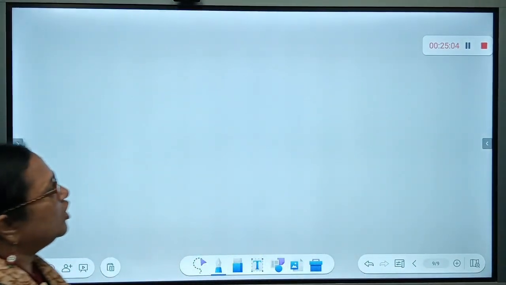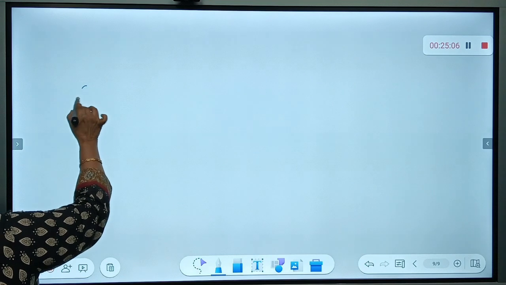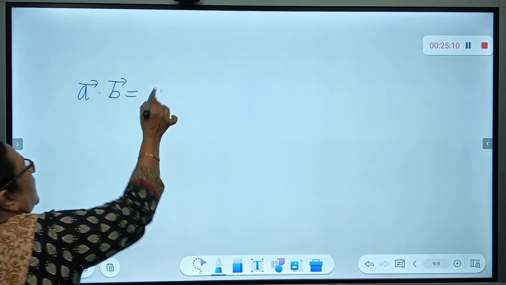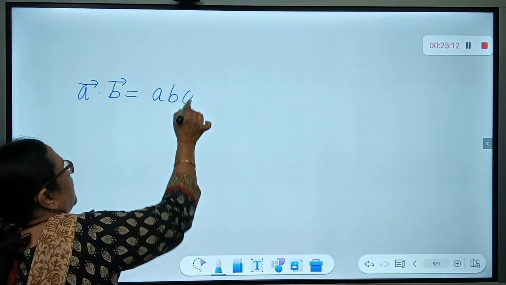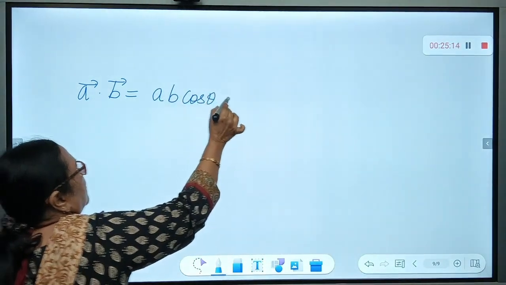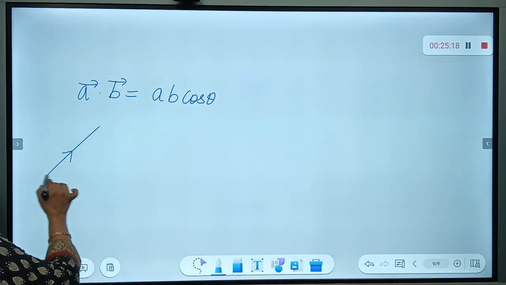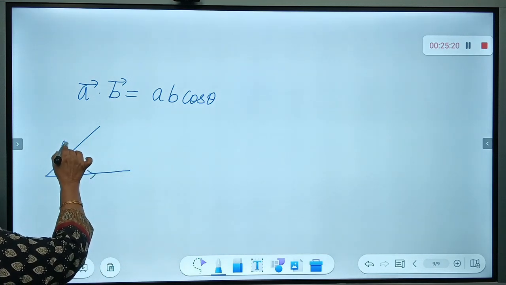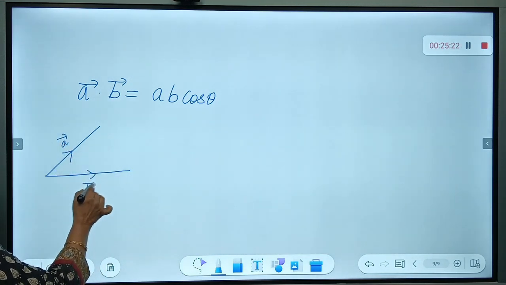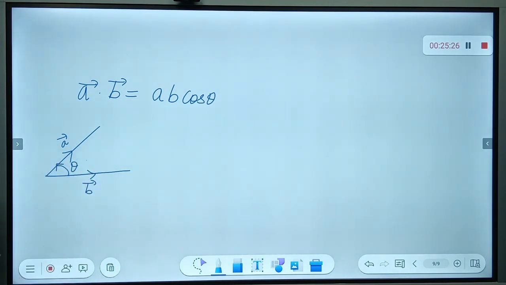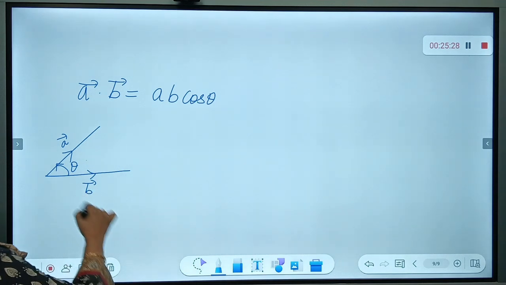I want to recall the definition of dot product. What is A vector dot B vector? A dot B is AB cos theta, where you have two vectors, A vector and B vector, and theta is measured in this direction. So you can find the angle between two vectors.